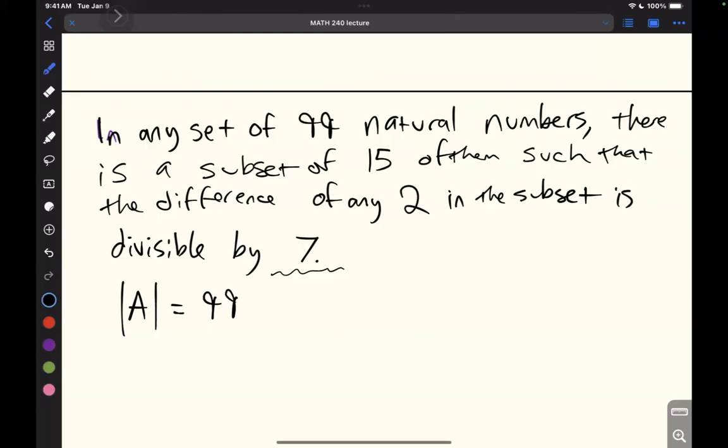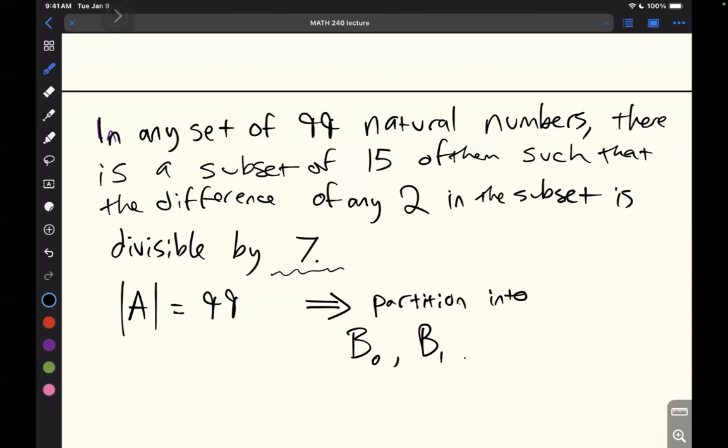And so we can partition into, the book uses the letter B. Again, the letter of the sets doesn't matter. But we can say it's either B0, B1, B2, and so on until B6, because a number mod 7 ranges from 0 to 6.